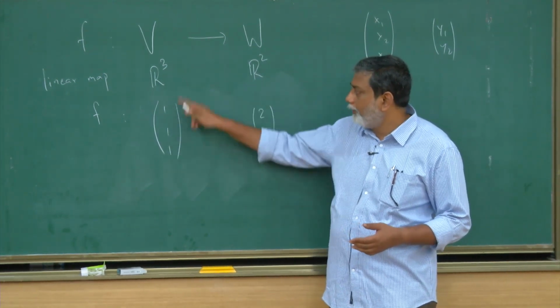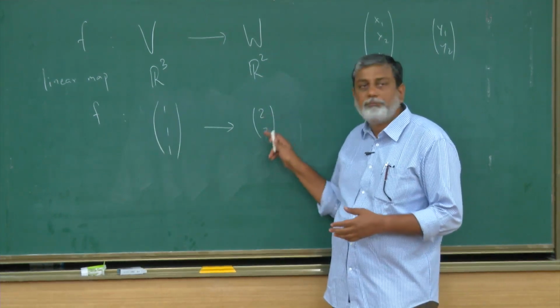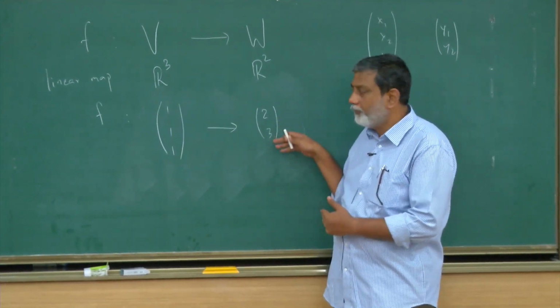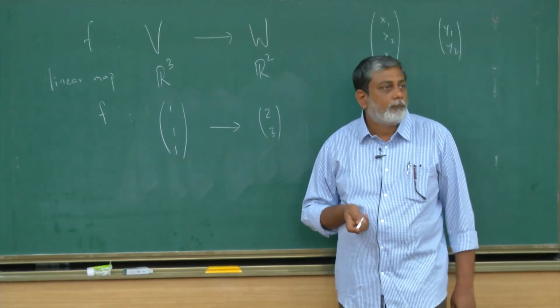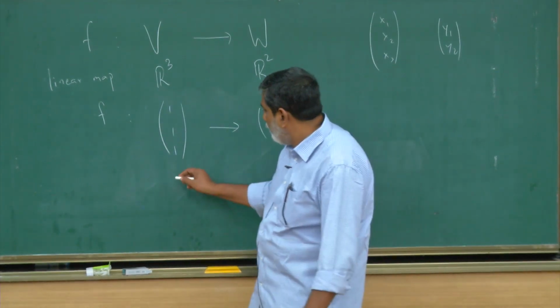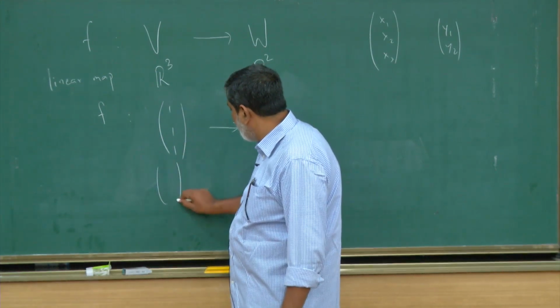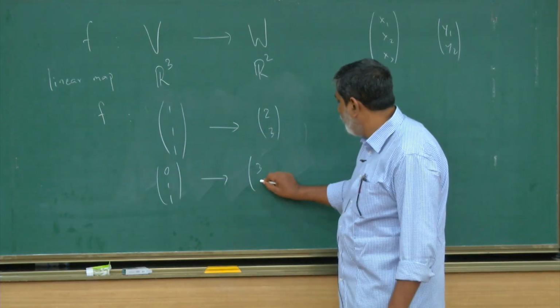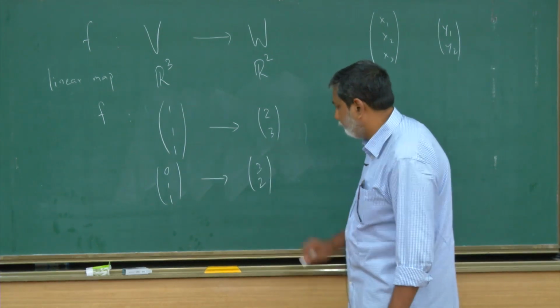All the things which are linearly dependent on (1, 1, 1), you can get by taking multiples of this (2, 3). Now let's also say that f takes the vector (0, 1, 1) to (3, 2).